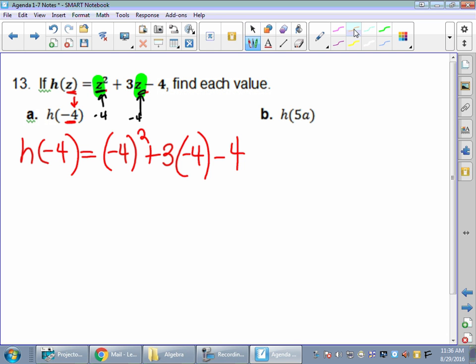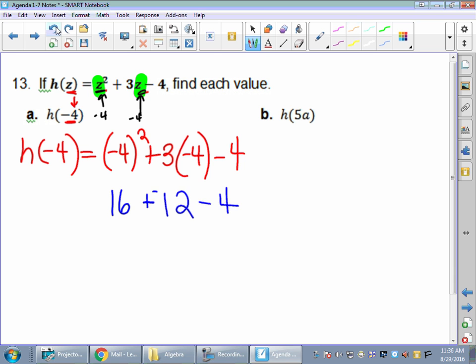So -4 squared. Squaring is always a positive experience, right? -4 times -4 is positive 16. If you put it in your calculator and get a -16, you need to put parentheses around the -4 before you square it. 3 times -4 is -12, or -12 minus 4. You could say that that was plus a -12 if you wanted to.